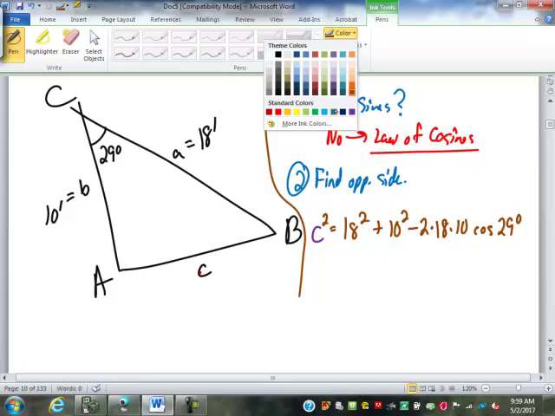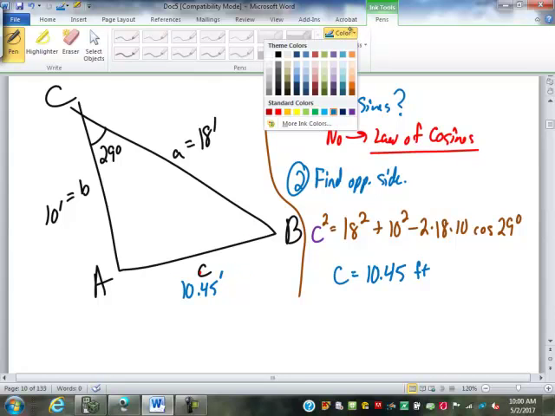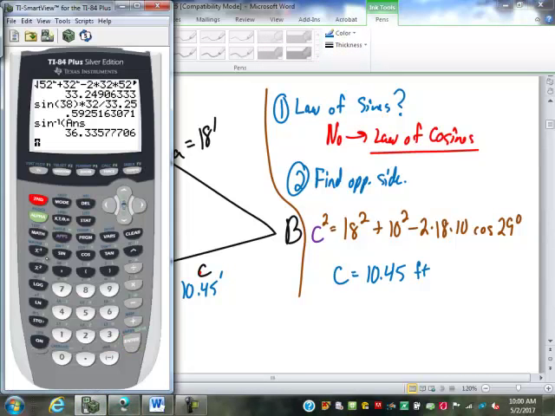So what did you get for C? 10.45 feet. Did everybody get that? Let's punch her in here. Second square root.